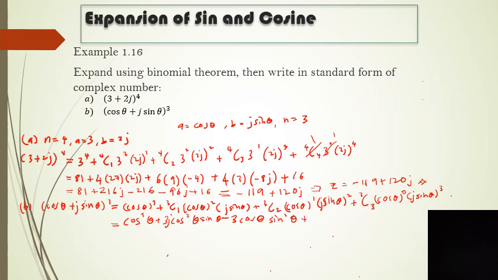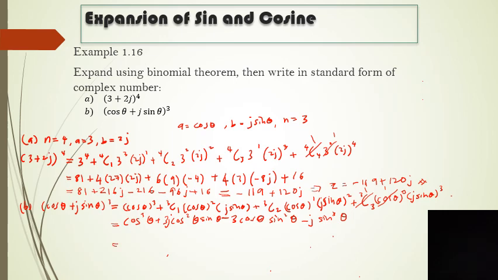Plus 3C3 is 1, cos theta power 0 is 1, so j sin^3 theta. j^3 will be negative 1 times j, which is negative j. So we change it here, it will be negative j. So now you can simplify it. We can combine, or we rewrite again.